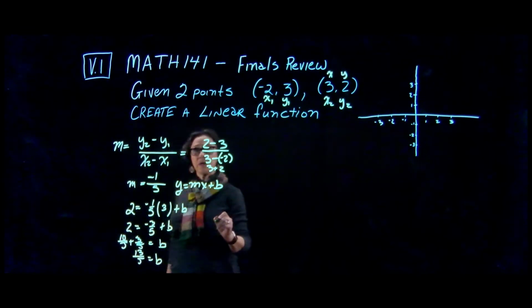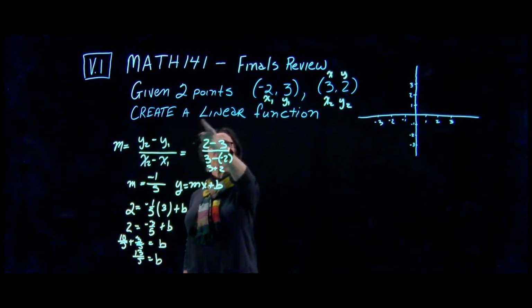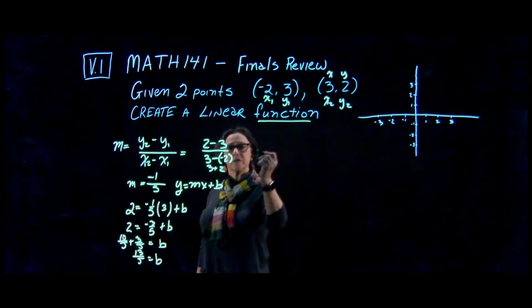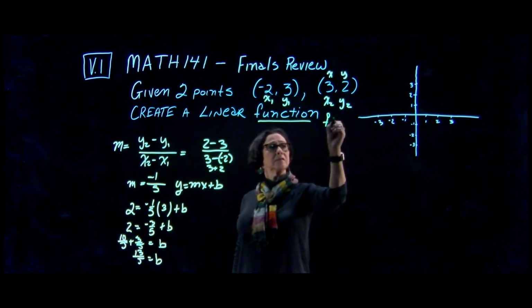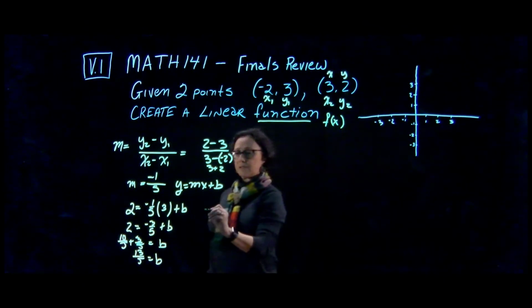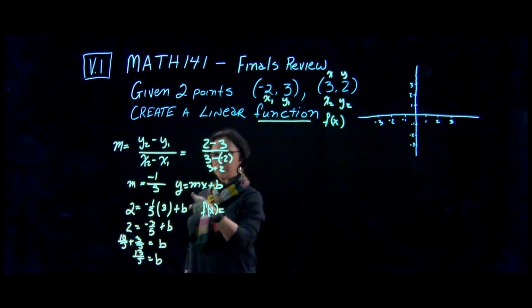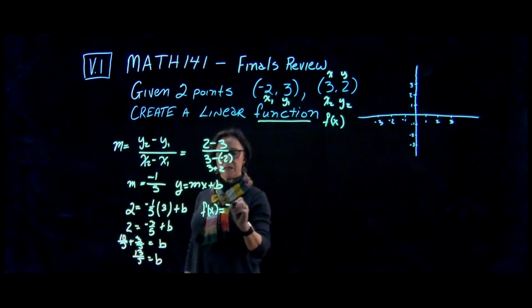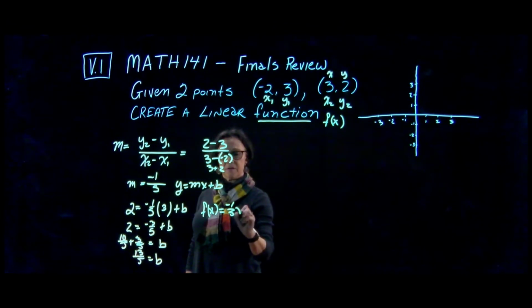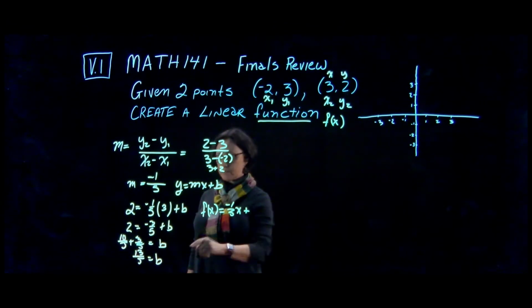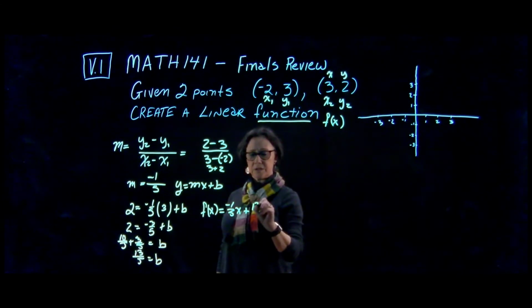My final equation, we're going to call this a function, so we're going to use f of x. F of x is therefore equal to negative 1/5 x plus 13/5.